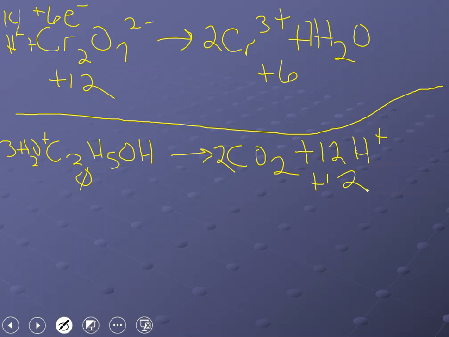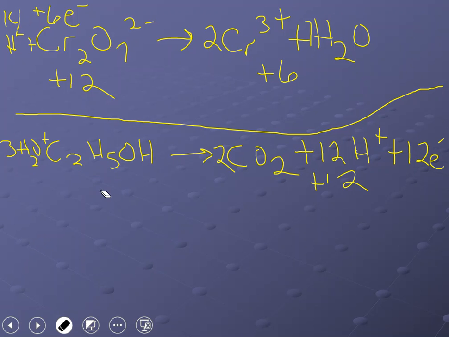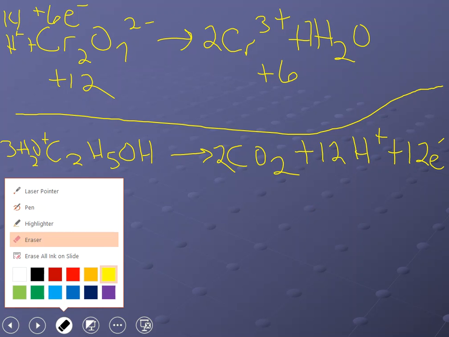I'm going to add electrons to this side so that the charge on this side balances the charge on this side. In this case, it's 0, so I want to bring this side down to 0. And I'm going to get rid of this here. So it's not so bad.